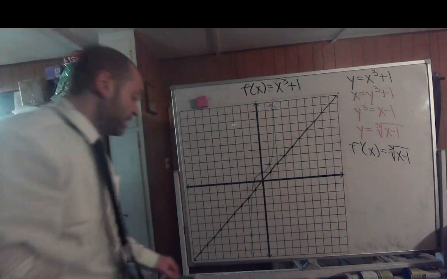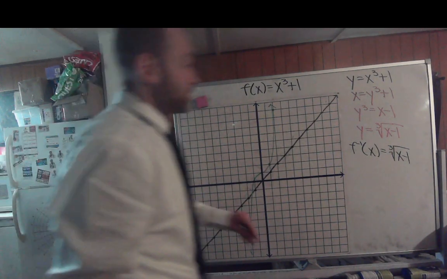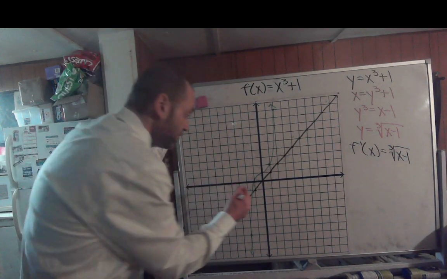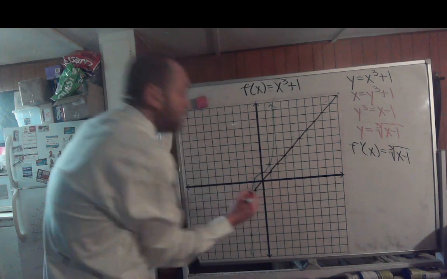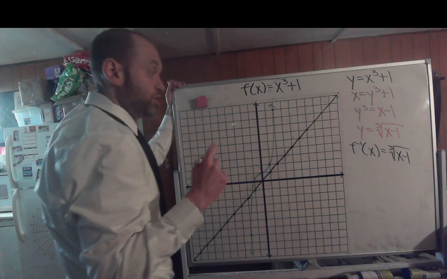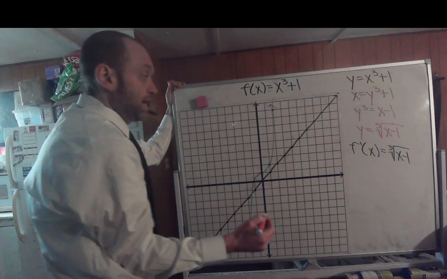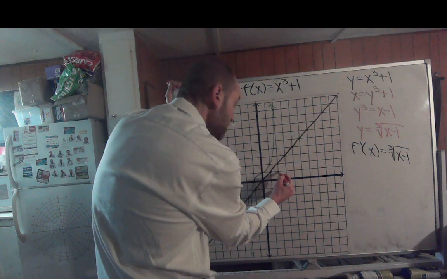Now let's do f inverse of x in orange. So when x is 0, you get the cube root of -1, which is definitely -1. When x is 1, you get the cube root of 0, which is 0. When x is 2, you get the cube root of 1, which is 1.